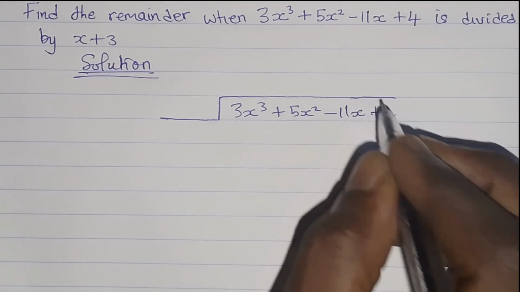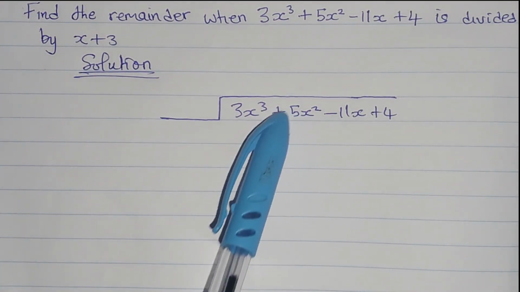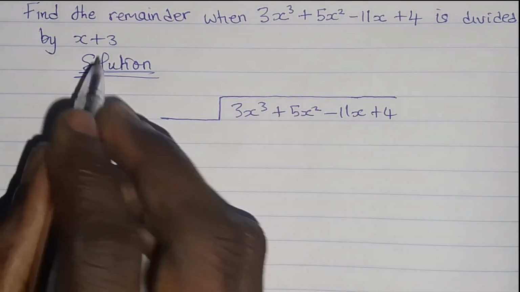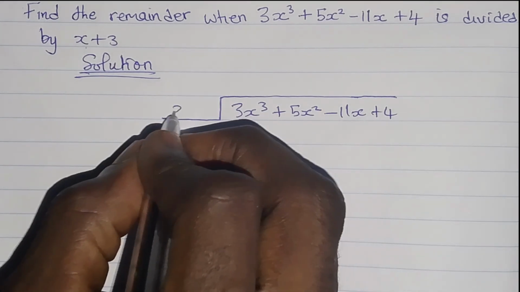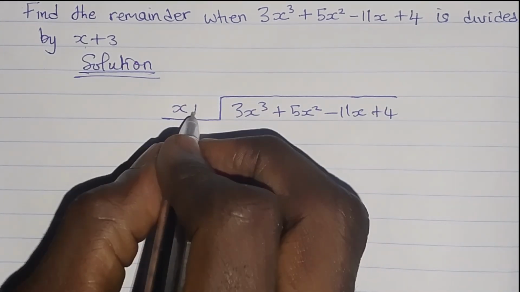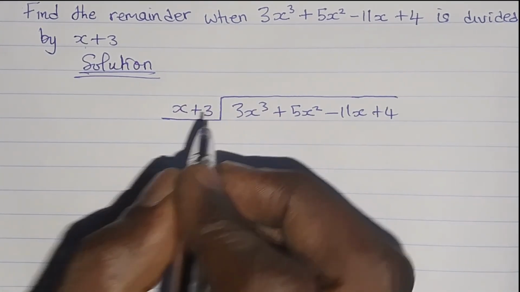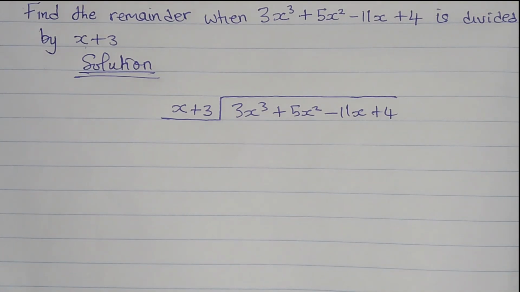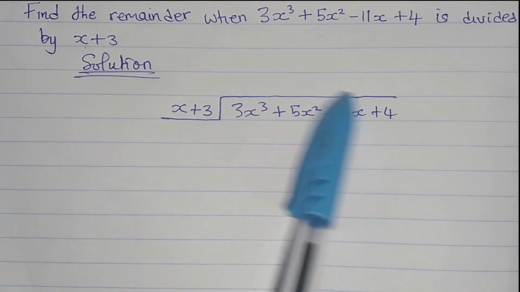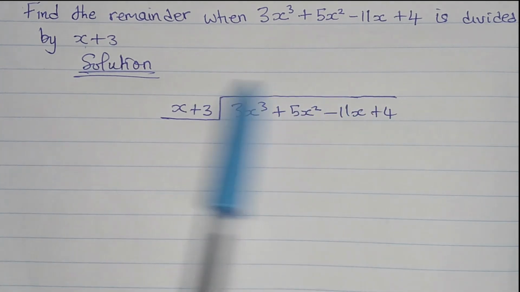That's the polynomial we are dividing, and that's what we ought to write here. Then we write this with which we are dividing this larger polynomial outside here. Whatever we get in the division process, that is the quotient, will be written up here.